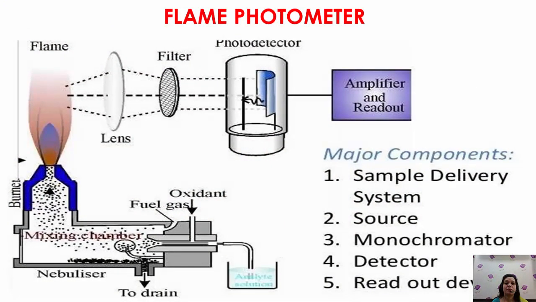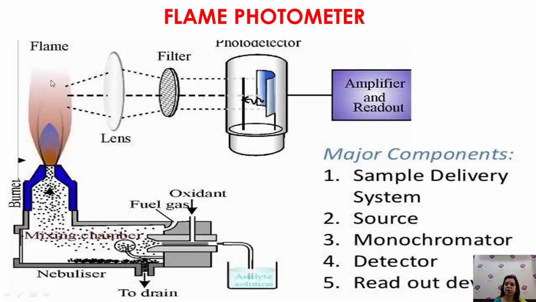So this is the flame photometer instrument, which will give me details about how we carry out this flame emission spectroscopy technique. There are major components. First is the sample delivery: the metallic salt solution, which we have to spray through this nebulizer in contact with the flame, along with the fuel gas and oxidant.